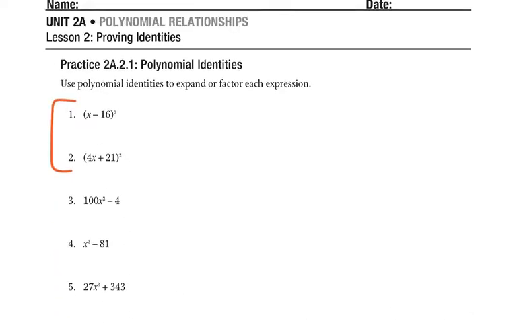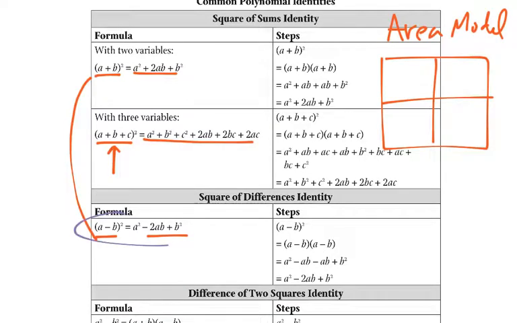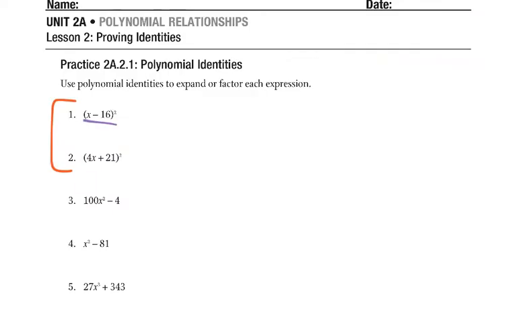So, looking at the first one, we've got the square and we've got the minus, okay? Okay, this would be the formula, so it would be a squared minus 2 times a times b plus b squared. So x would be like a, 16 would be like b. So I'd go a squared, so x squared minus 2 times a times b plus b squared.